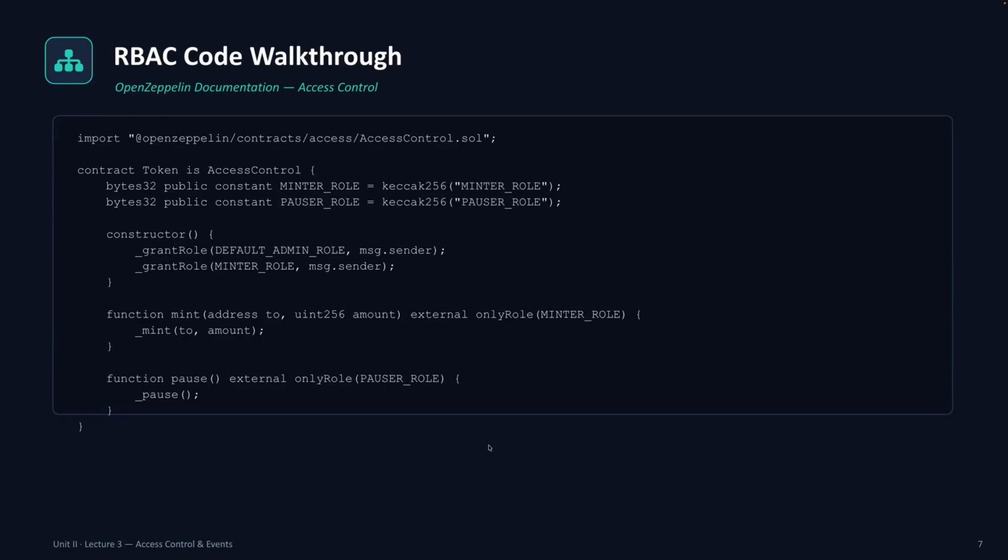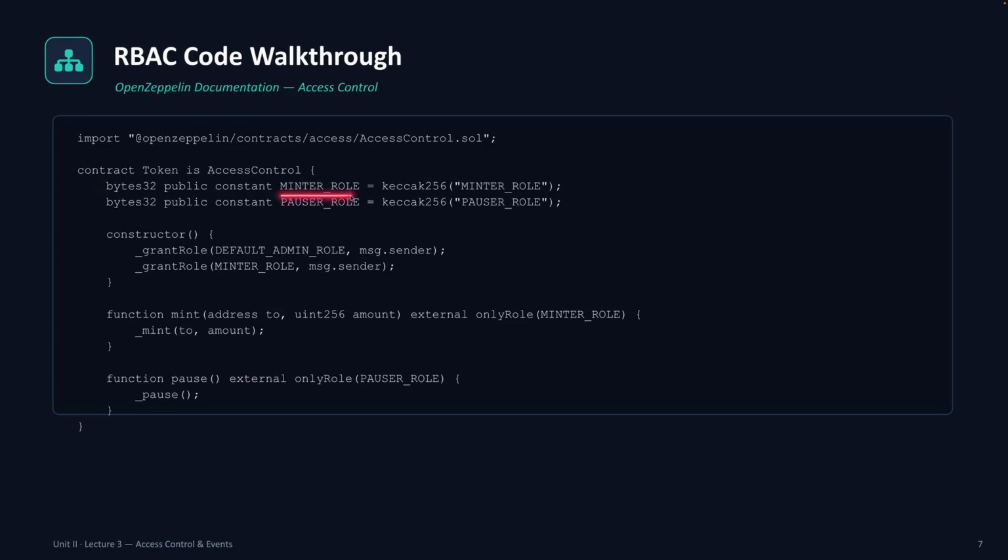The simplest way to implement role-based access control is by making use of OpenZeppelin's AccessControl contract. This is our token contract, which is inheriting from AccessControl. And at the top level, we have defined two state variables.